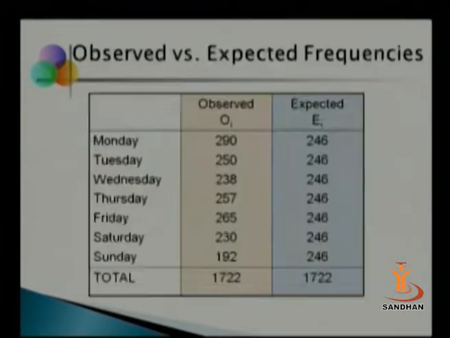In the table, the first column is the days of the week, the second column is the observed frequencies, whatever data we have collected about the number of calls, and the third column is the expected frequency. Under the null hypothesis all the 1722 calls are uniformly distributed, so the expected frequency is the same for all 7 days, that is 246.